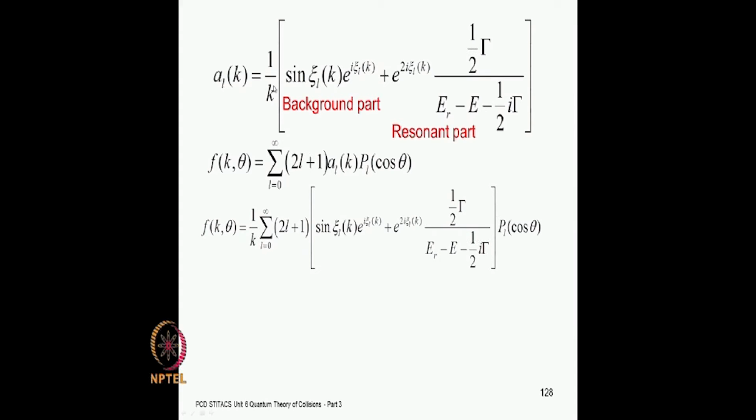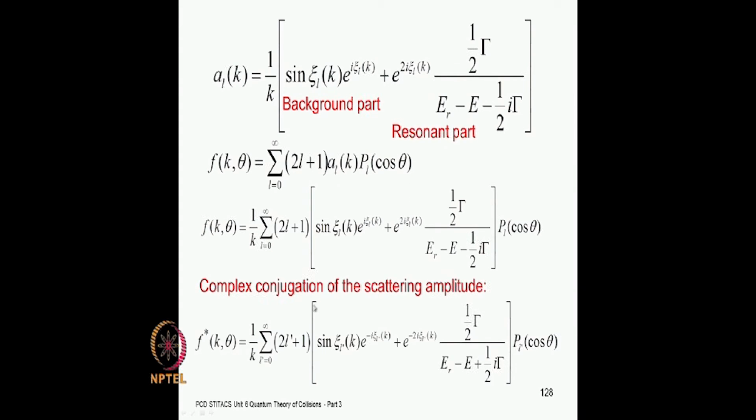There is a 1 over k which has been written outside the summation sign, and then there is this Legendre polynomial which comes here. Now, what do we need? We need the complex conjugation. So, we write the complex conjugate of this expression here.